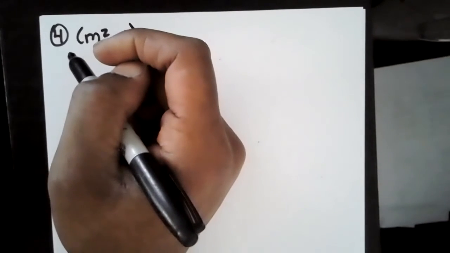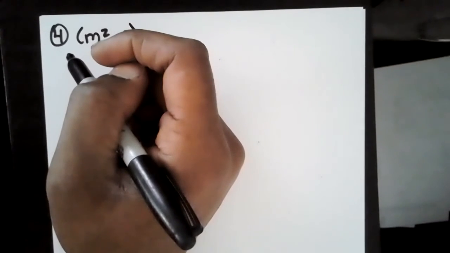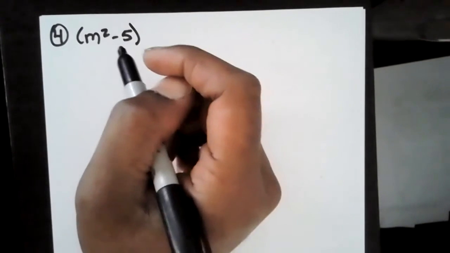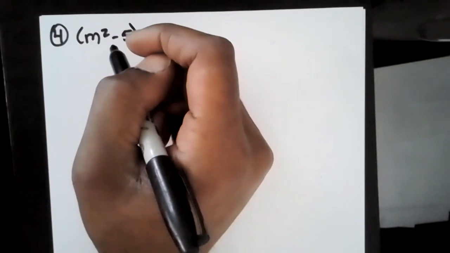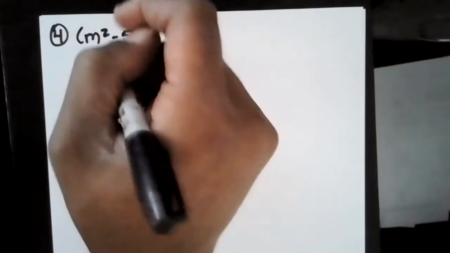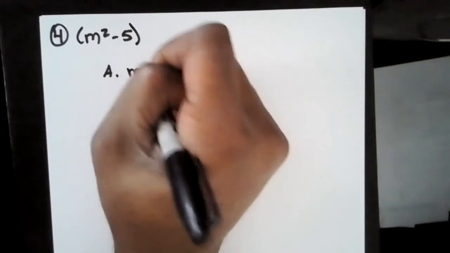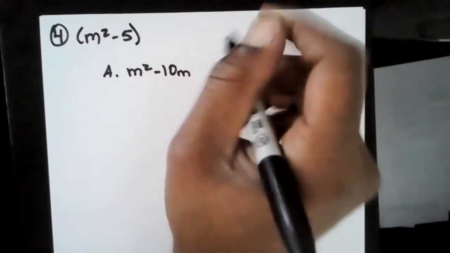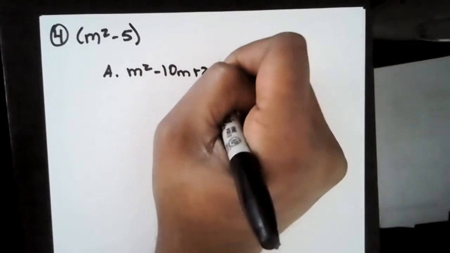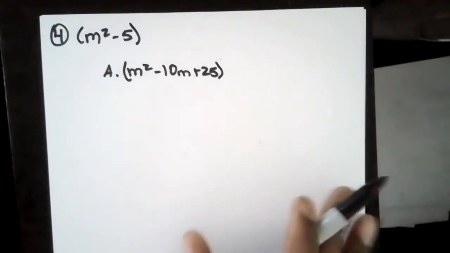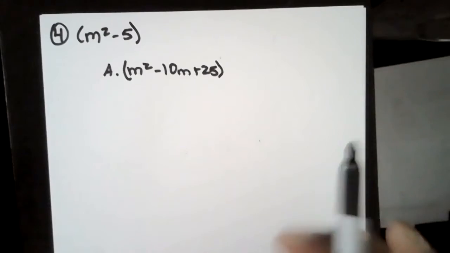All right. Now what you can do is you can go down the list of the options that they give you to see if any of those work. For example, let's look at letter A. If you do letter A from the list, m squared minus 10m plus 25, we're going to be doing binomial factoring, right?